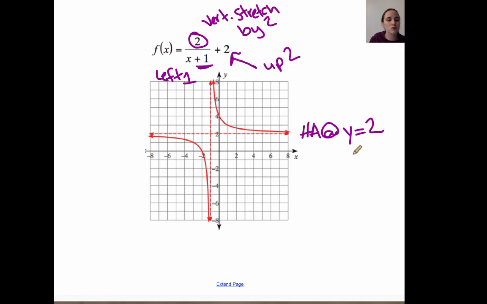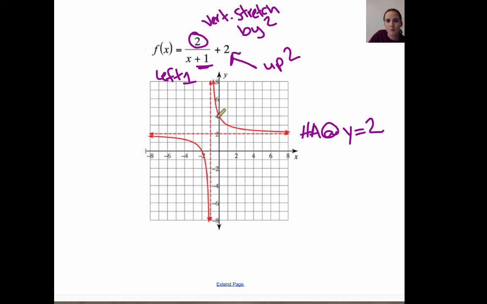If I'm asking you to tell me where the horizontal asymptote is, you cannot just say 2. You have to give me the equation of the line so that I know what you're talking about, okay? And don't just say horizontal asymptote equals 2. Horizontal asymptote, this is a symbol for at, y equals 2. This is appropriate. This is the way that I will accept it.